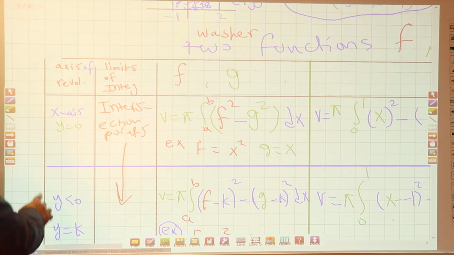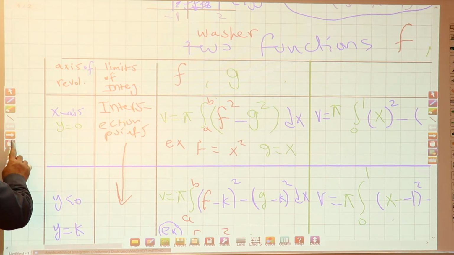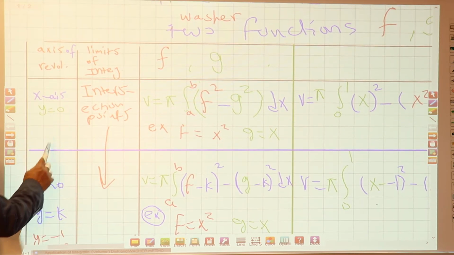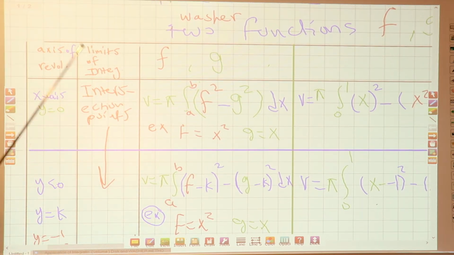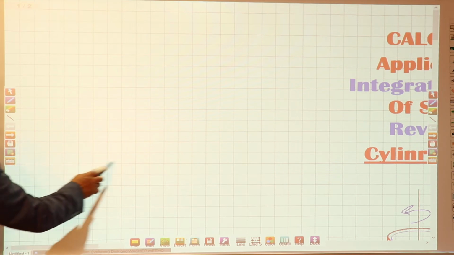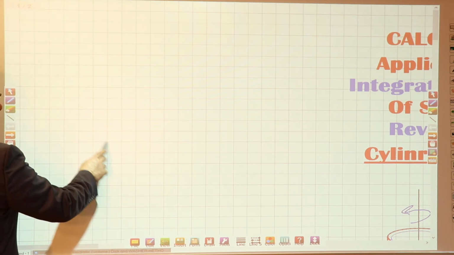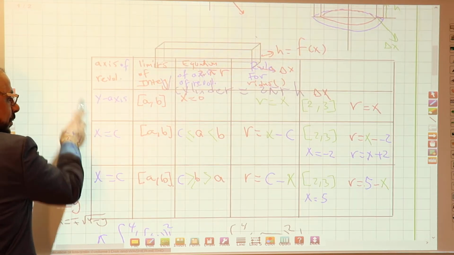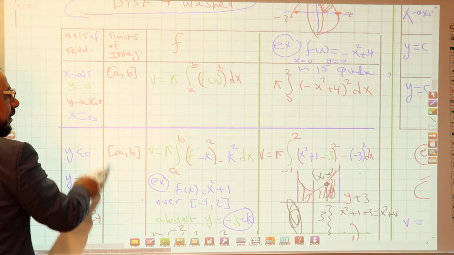We call it the washer method because the two radii make something like a washer. I minimize it to see the whole table.